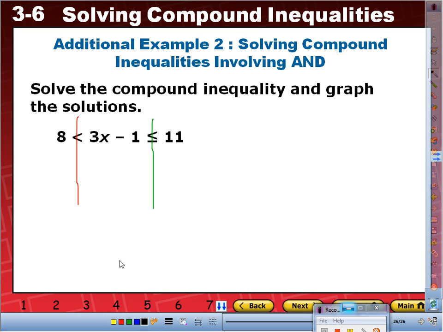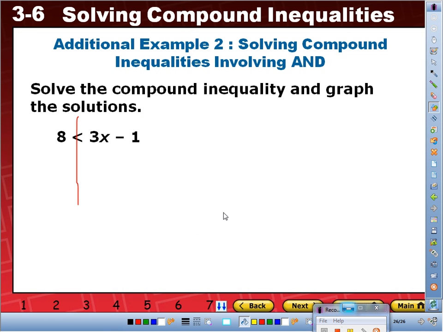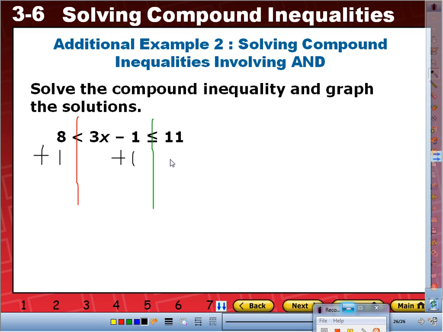So let's see. If I was to cover this with my hand, what do I need to do to that? Add 1 to each side, therefore I need to add 1 to everything.